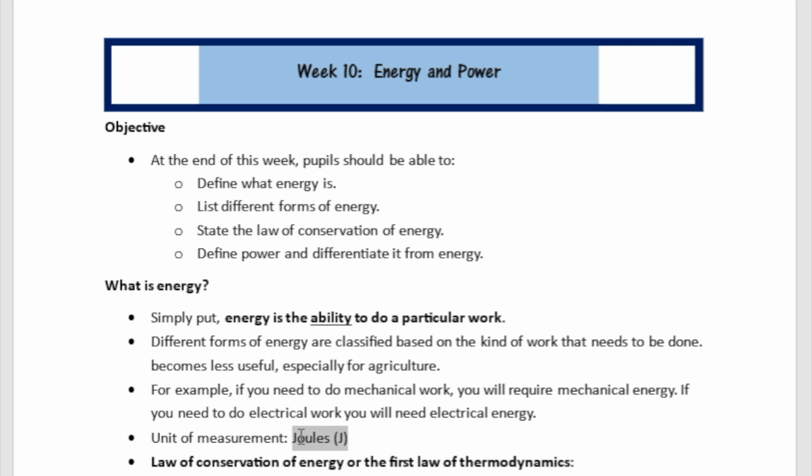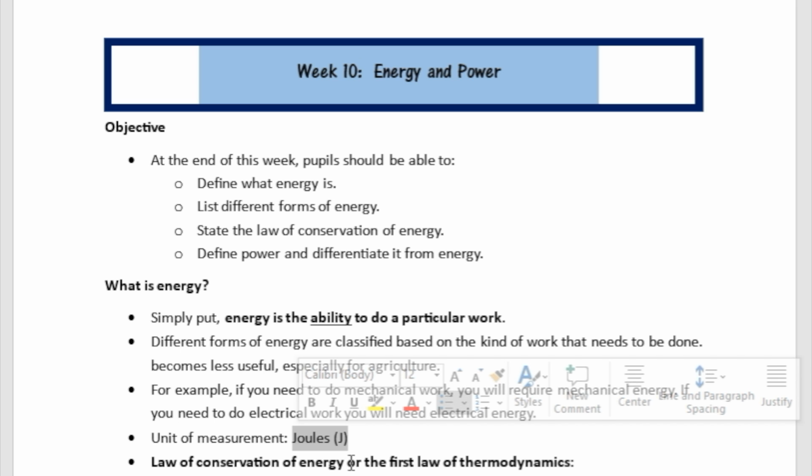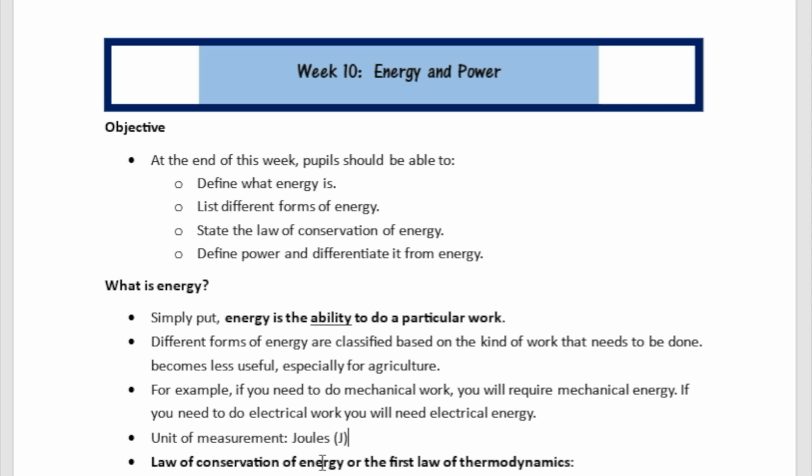Another thing I'd like you guys to notate here is the units of measurement. So how do you say how much energy a toddler has compared to a teenager? How do you measure that energy? Well, you might say a toddler has like 26 joules of energy in his body, but a teenager is going to have maybe like 45 joules of energy in his body.